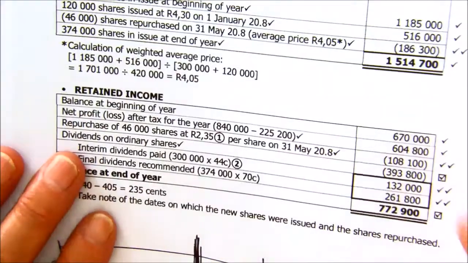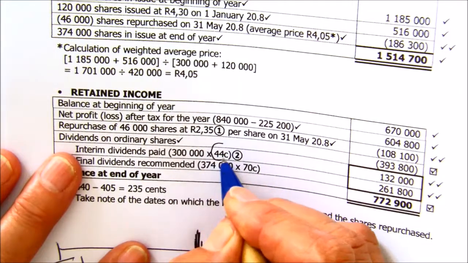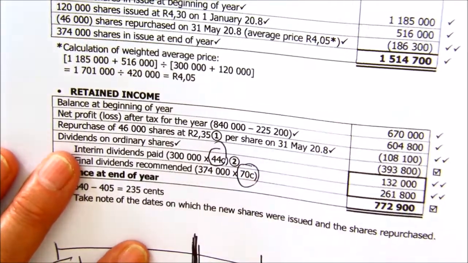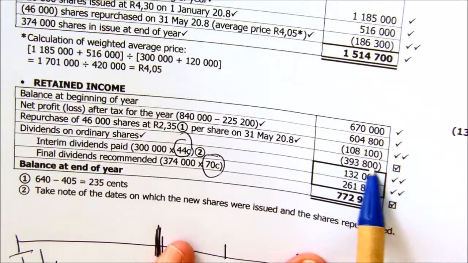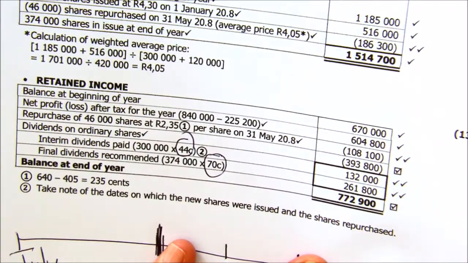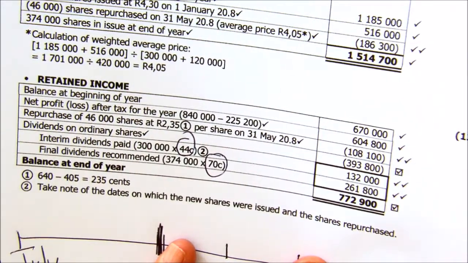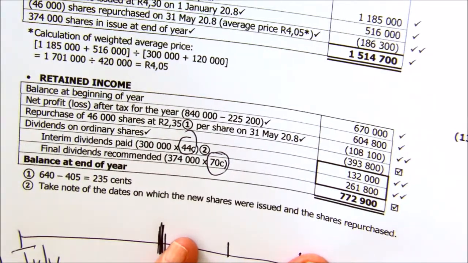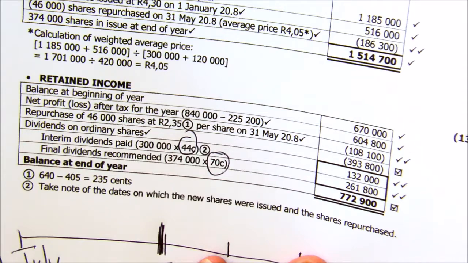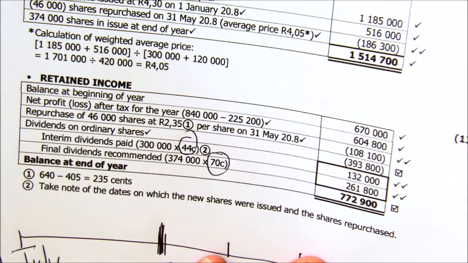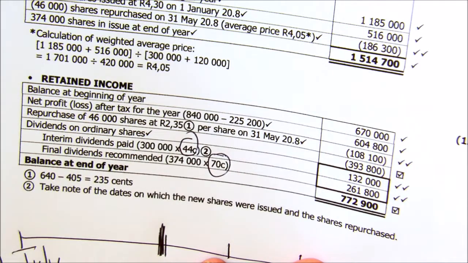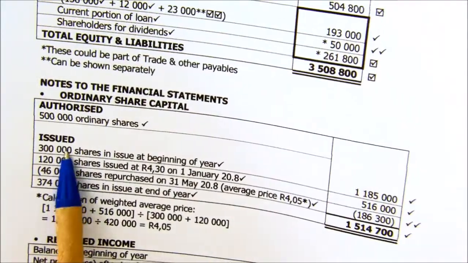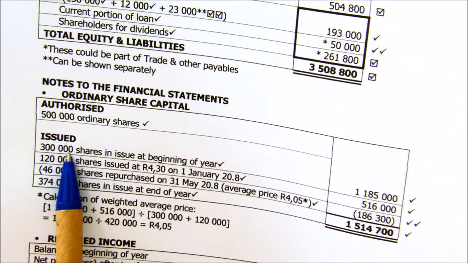Now, I want to just focus on this though. You had 44 cents at the beginning and you had 70 cents at the end, which is a total of 393,800. If they had to say to you, a shareholder owned 100,000 shares throughout the year. So in other words, right at the beginning of the year, he already owns some shares.